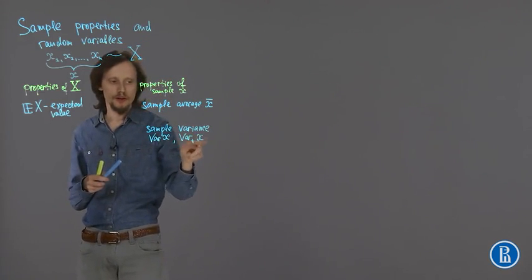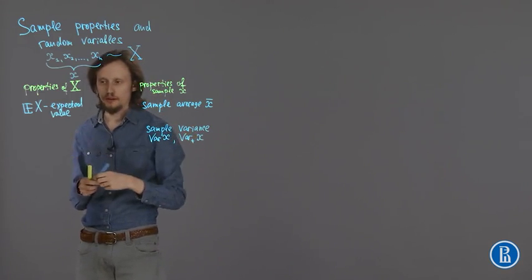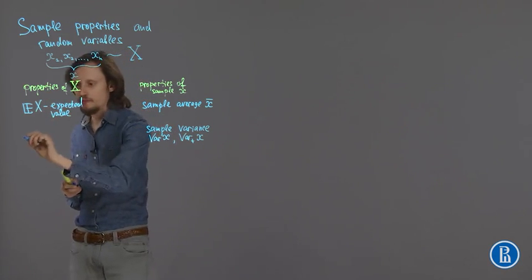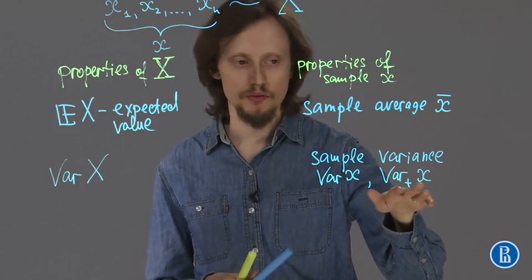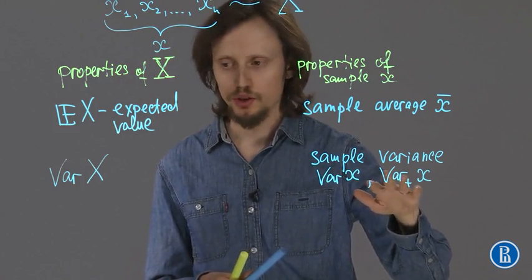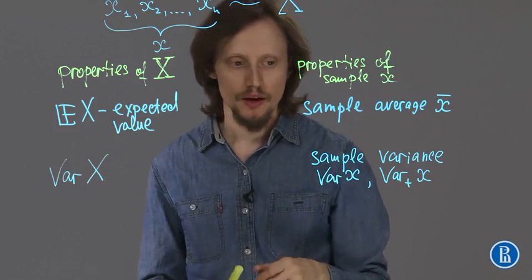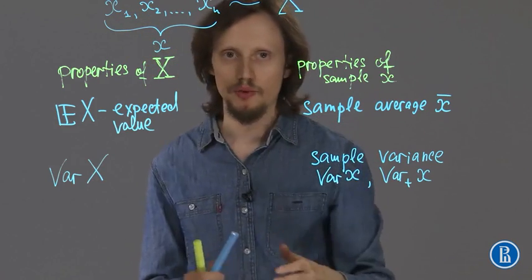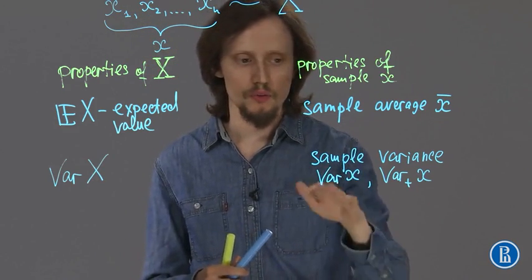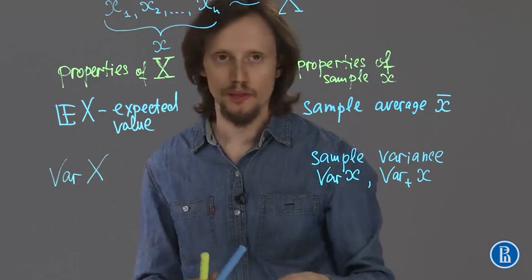Both sample variance and unbiased sample variance tend to the variance of the random variable X. Both can be used to estimate the variance of the corresponding random variable X capital, because as n tends to infinity, so the size of the sample becomes very large, both of them tend to the corresponding variance of X capital.